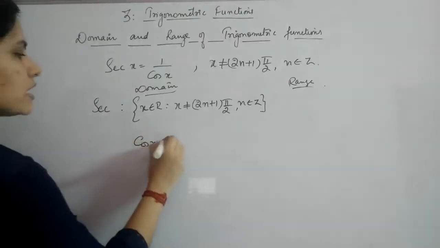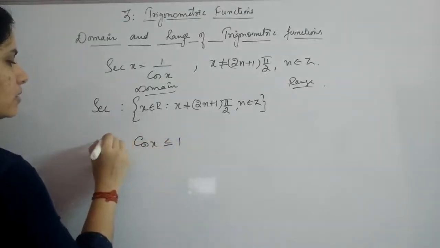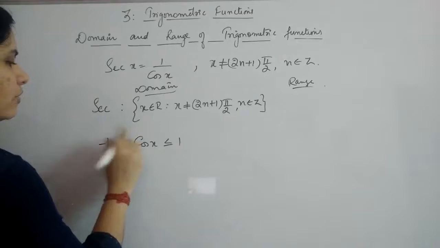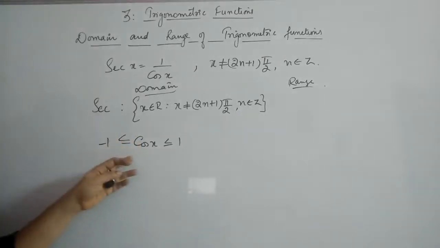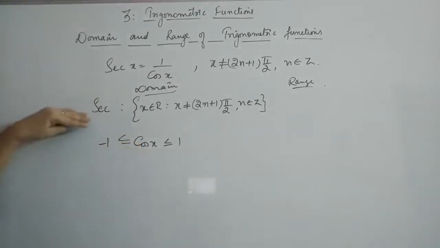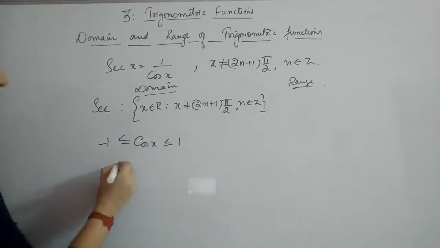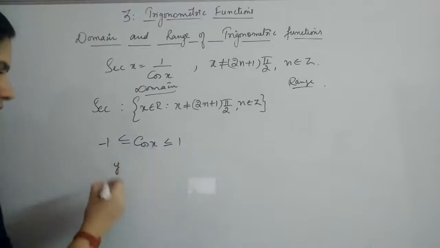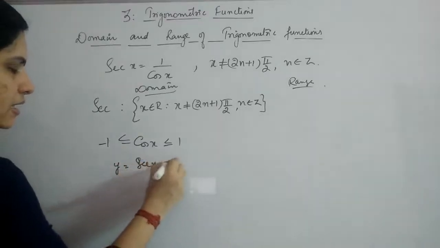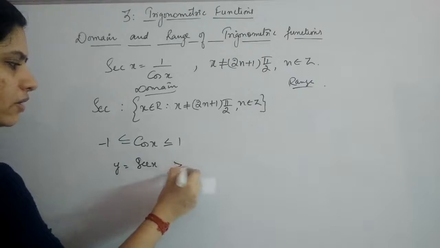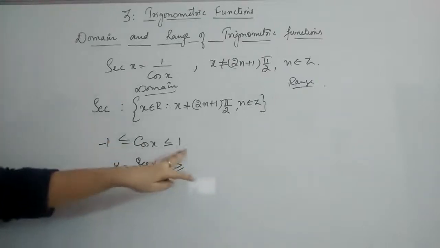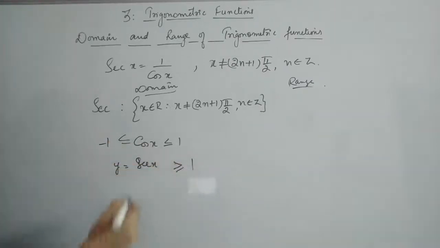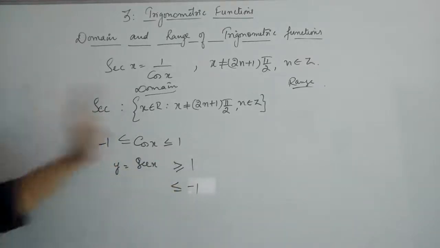Because cos ranges from minus 1 to 1, and sec is the reciprocal of that. So if I take y as sec x, it can be either greater than or equal to 1 or less than or equal to minus 1. That means it is this part and that part on your number line.